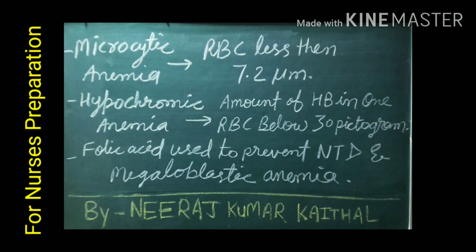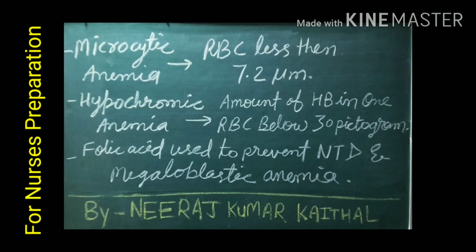Hypochromic anemia is a condition in which the amount of hemoglobin in 1 RBC is below 30 picogram.